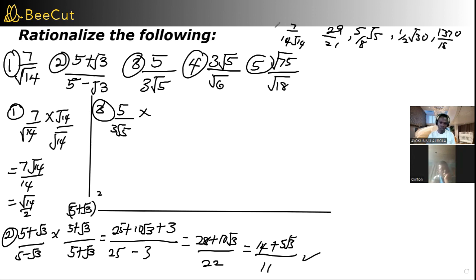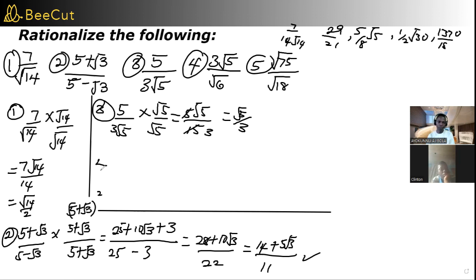I can just say times root 5 over root 5, because if I put the 3, it can be cancelled out. So I have 5 root 5 all over root 5 times root 5, which is root 25, and the square root of 25 is 5. So 5 times 3 is 15, then I cancel this, and that is root 5 over 3, or 1/3 of root 5.